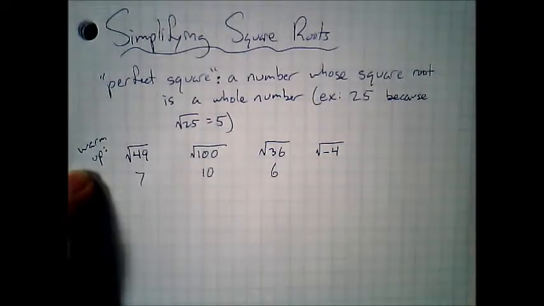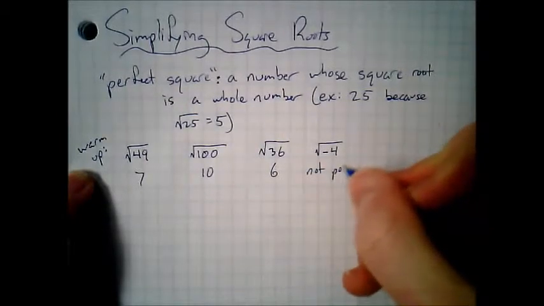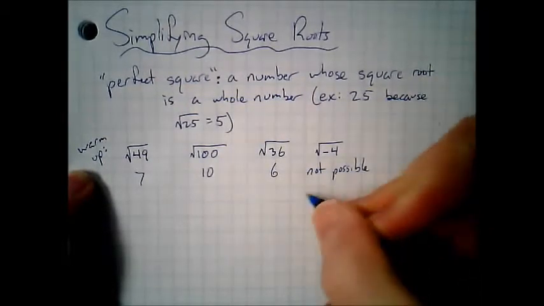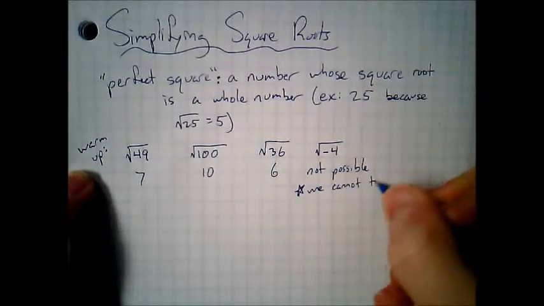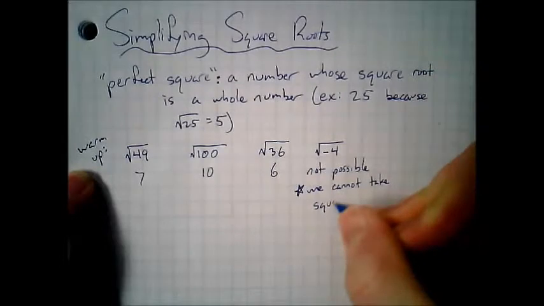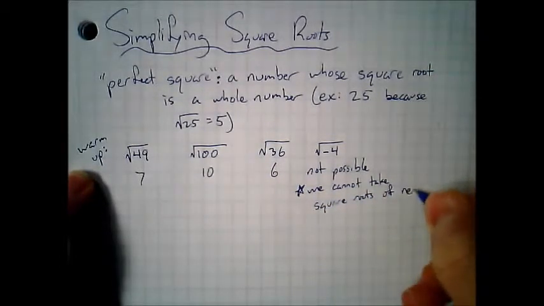Now the square root of negative 4, we have to be careful. 2 times 2 is positive 4, and negative 2 times negative 2 is positive 4. So here we say this is not possible. This is because we cannot take square roots of negative numbers.